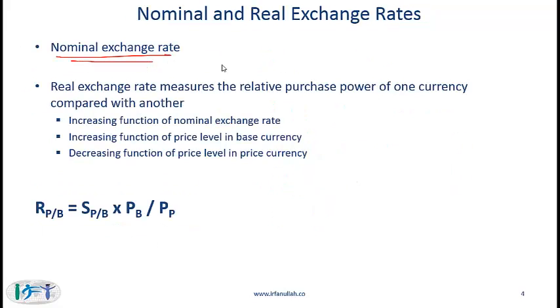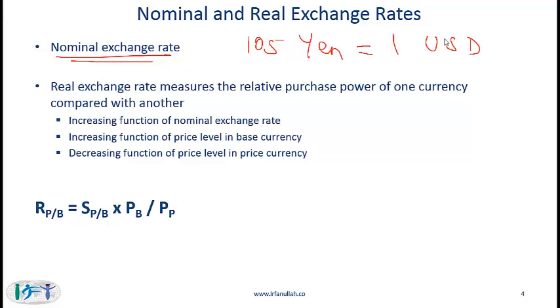Nominal exchange rate. The exchange rate that I talked about on the previous slide, and one that you will see in the newspaper, is the nominal exchange rate. For example, if we have 105 yen is equal to 1 US dollar, then this is a nominal exchange rate.